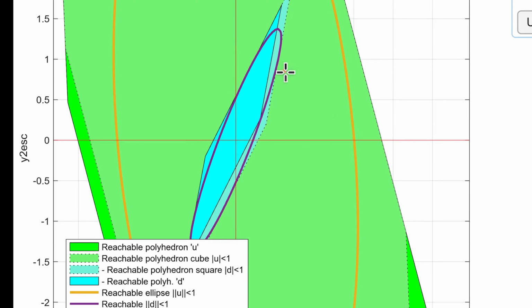So you see the difference between the unit square versus the unit sphere, and the non-symmetrical smaller square in cyan. Unit square in dashed contour, unit sphere mapped to output this violet ellipse, and non-symmetric smaller rectangle in cyan.